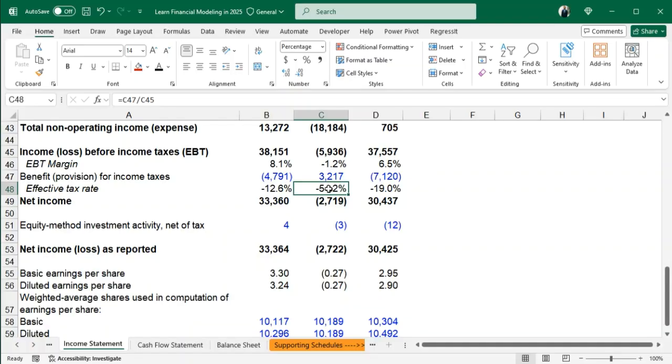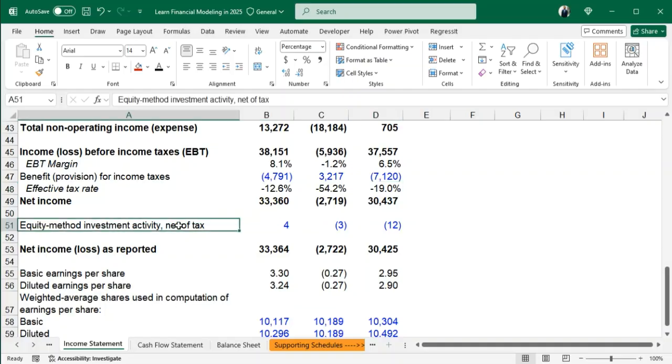Now, all right, so that is what we have there. Then we have our net income, our first net income here. Then we deduct or add equity investment activity. Now, this equity method investment activity here, as I explained before, is investment in associates. Okay, income or loss from investment in associates. So that is what we have here.